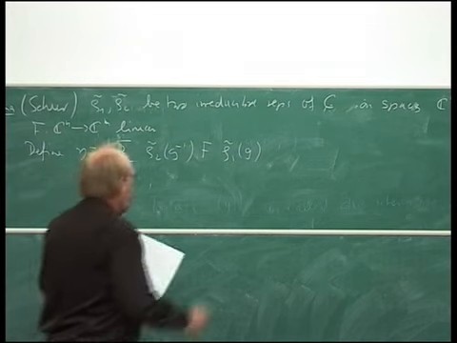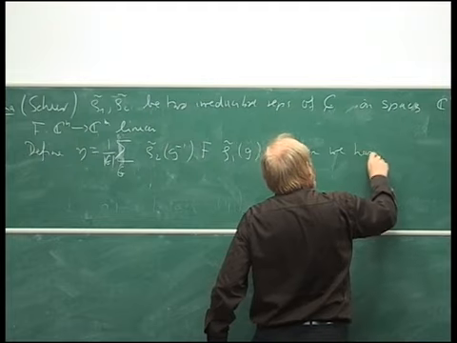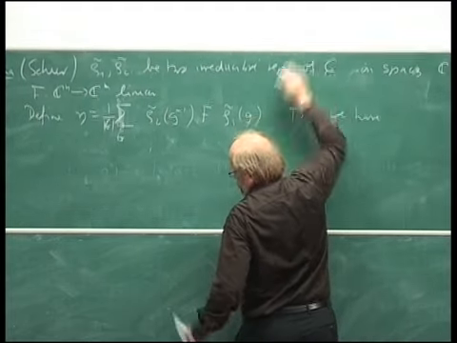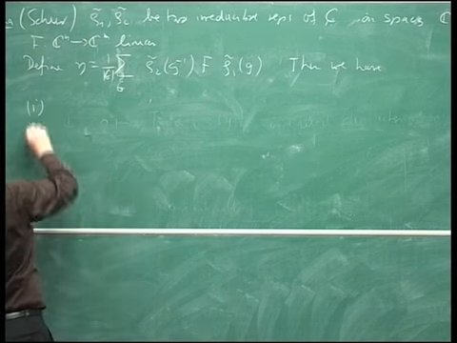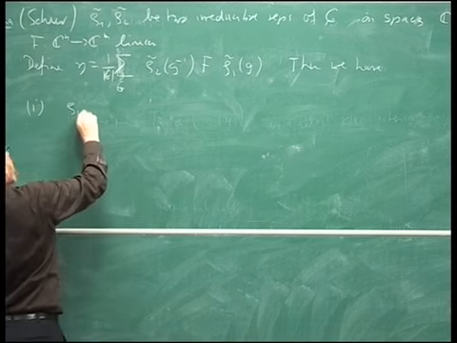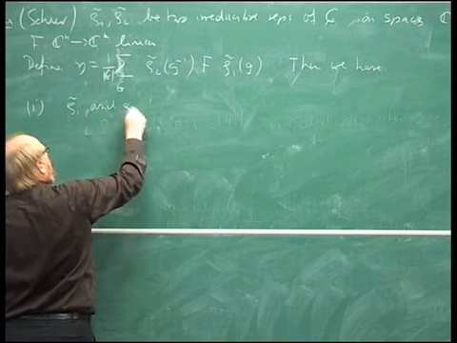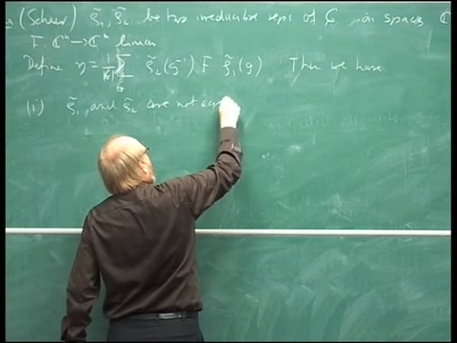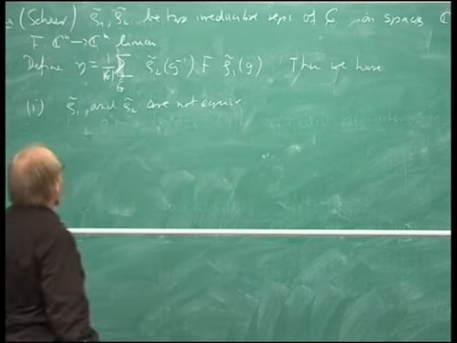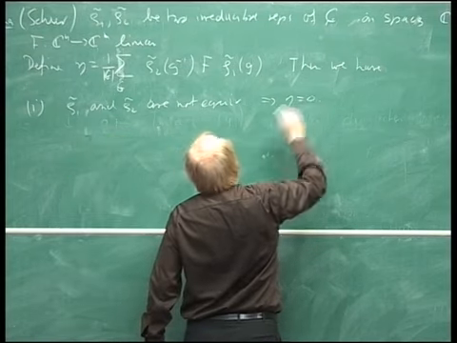If rho 1 tilde and rho 2 tilde are not equivalent, then eta is 0.